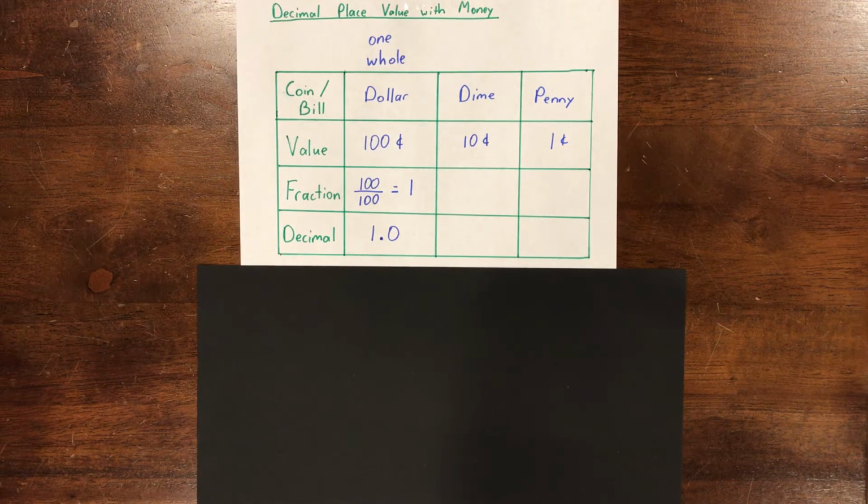So if a dollar is a whole, how could we express a dime as a fraction, and why would that work? Go ahead and say it out loud.